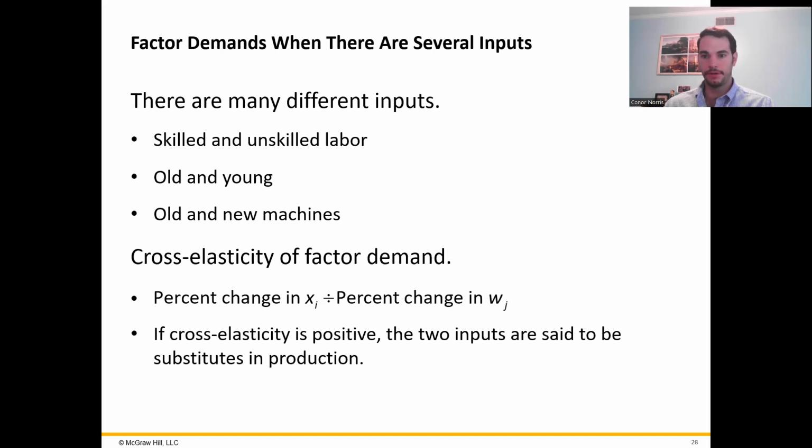As more of any one input is used, its contribution to output decreases, holding all the other inputs constant. This is the same principle that we see in the two-factor case with labor and capital. Even when we break capital and labor each into different categories, the same thing holds because of diminishing returns. So the firm will try to balance its use of inputs in a way that maximizes output at the lowest cost. They're still going to do that no matter how many inputs we're including in our model.